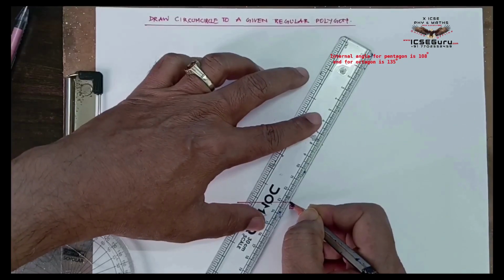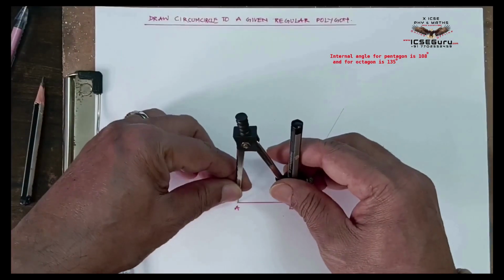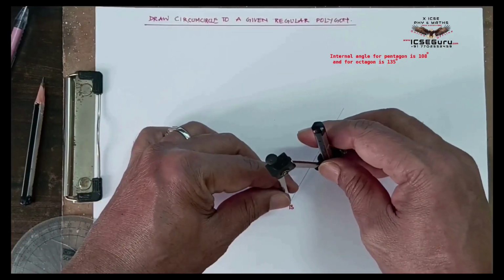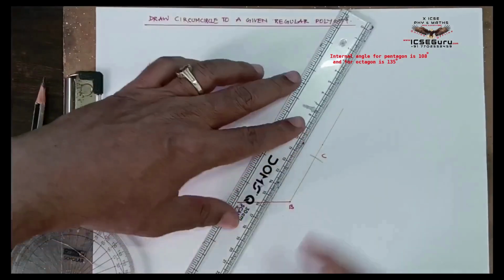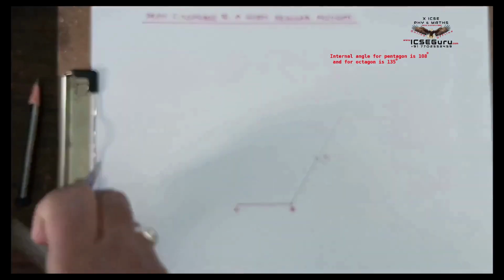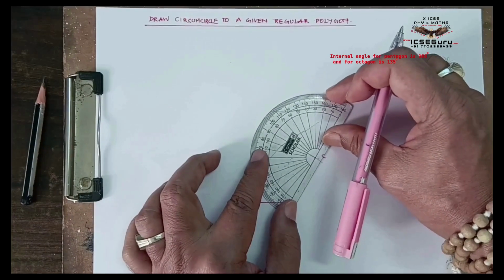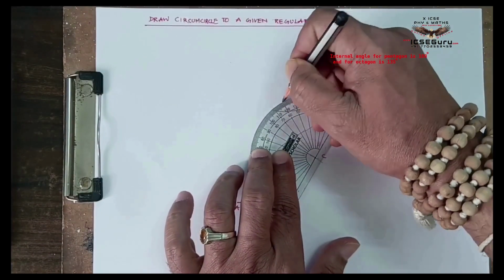Draw from the vertex B an inner angle of 120 degrees, which is the inner angle for a hexagon. Set off the new vertex C using compass, or transfer the same length AB and cut off the new line. Identify the next vertex C and join CB, the next side.